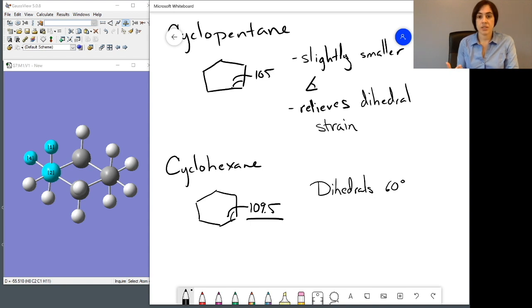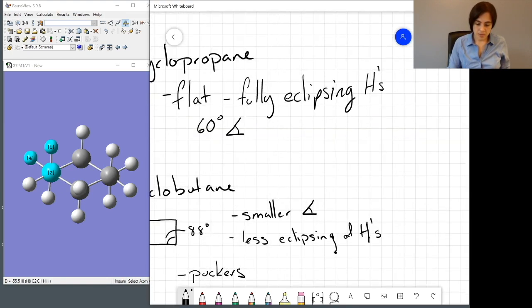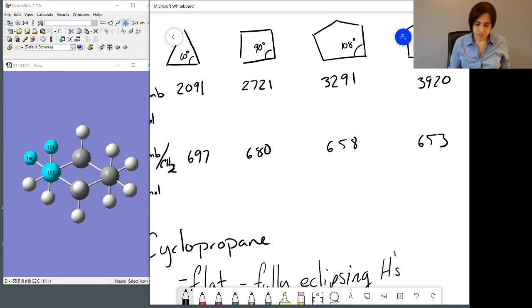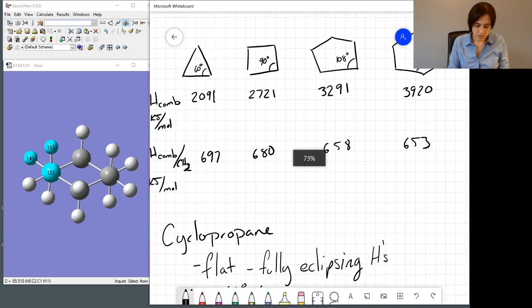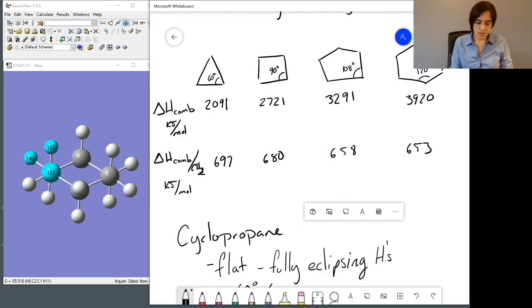And so this is considered to be the least strained or most ideal cycloalkane. And this is consistent with, again, if we come back up here, cyclohexane having the lowest heat of combustion per CH2 because it has no strain from the dihedrals or the angles.